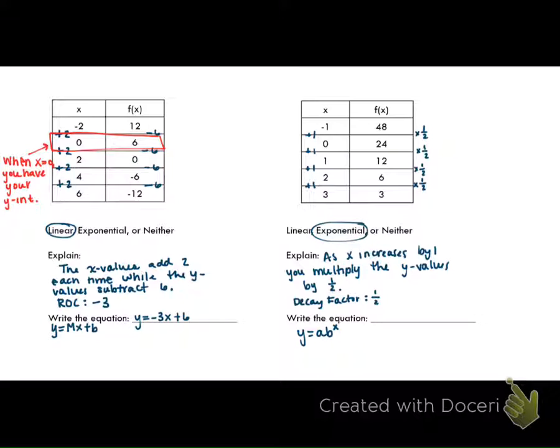So Spencer, what is my equation, my exponential equation then? Remember, a is your y-intercept and b is your growth or decay factor. So what is your y-intercept? Y equals 24 times 1/2.